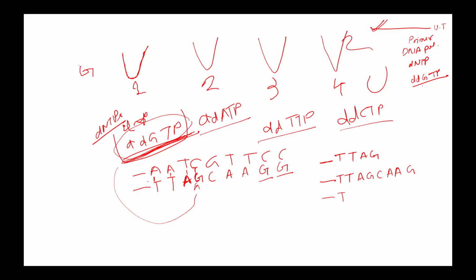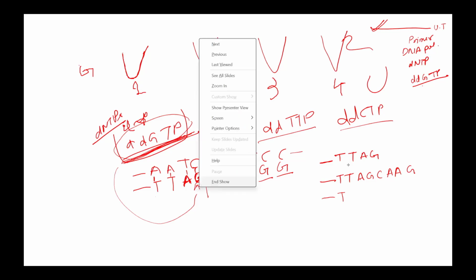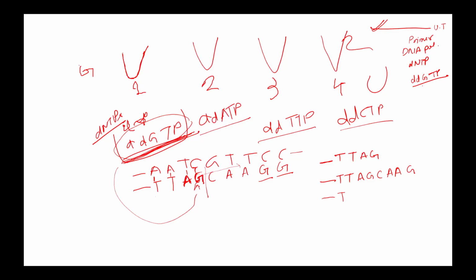And if the unknown sequence is this, I have given this particular sequence, and here dNTPs will go and do the complementary base pairing, but if at any place the dideoxy one will go and bind, then the elongation of that chain will not happen, it will stop right there. So suppose here the dideoxy guanosine triphosphate is being attached, then only this short sequence will be synthesized.